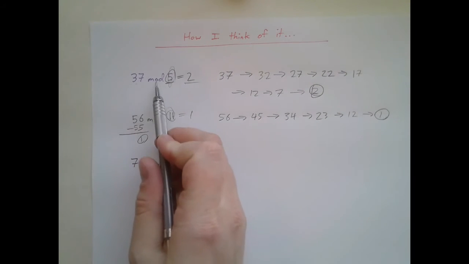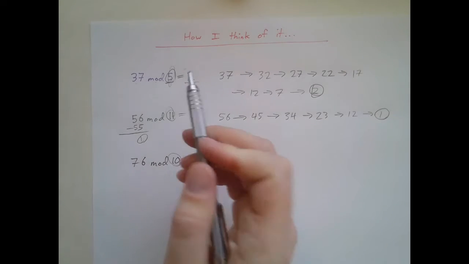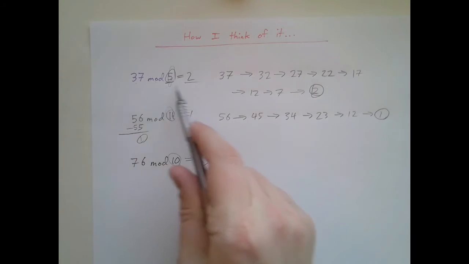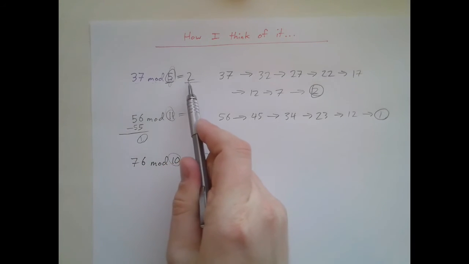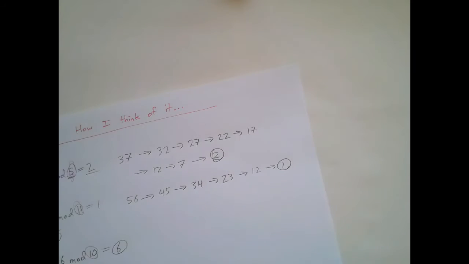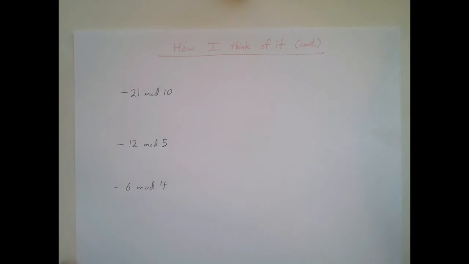So 37 modulo 5 equals 2, or you just usually say mod 5. But the full name would be 37 modulo 5 equals 2. Okay, negative numbers work a little bit differently.